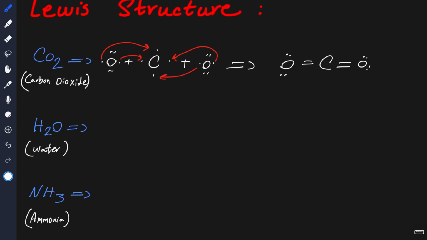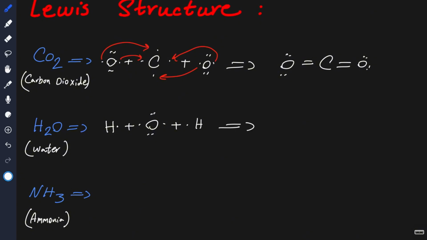Now water or H2O. What is the central atom? Hydrogen, so it can't. So oxygen is the central atom. Oxygen has 6 valence electrons. Hydrogen belongs to group 1, so 1 valence electron.